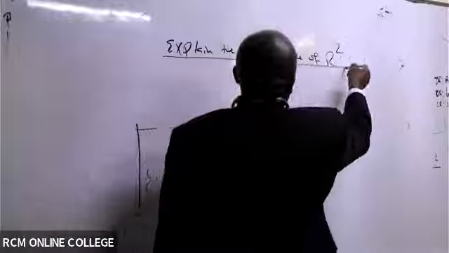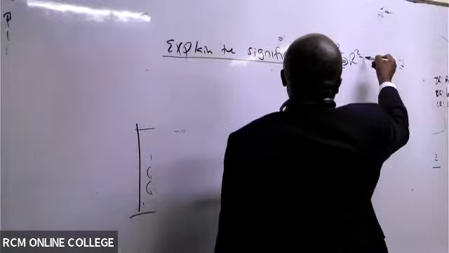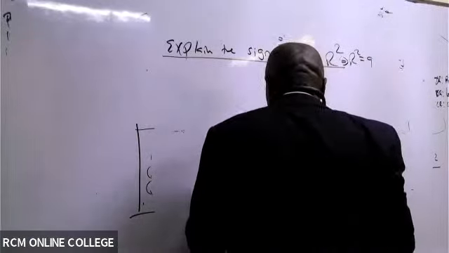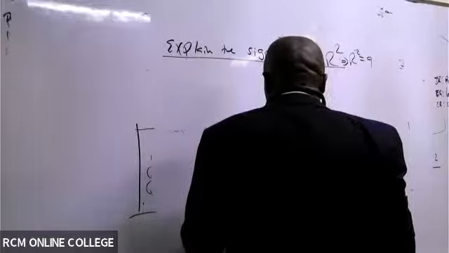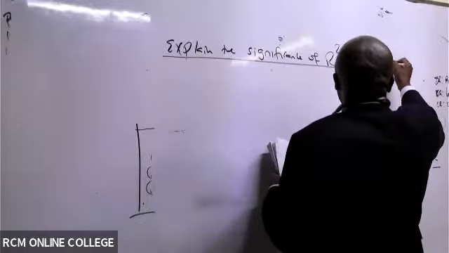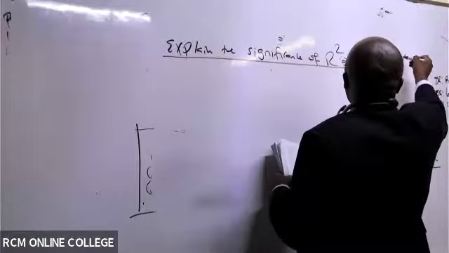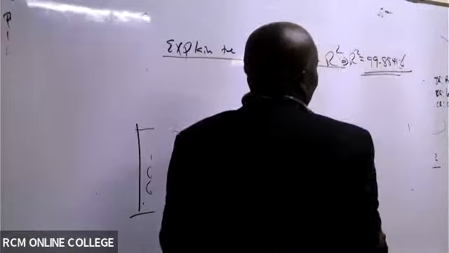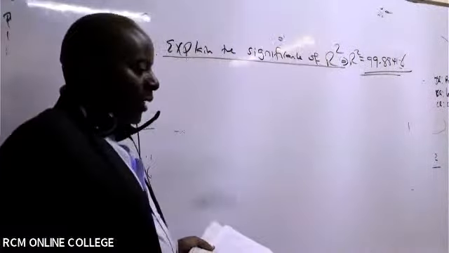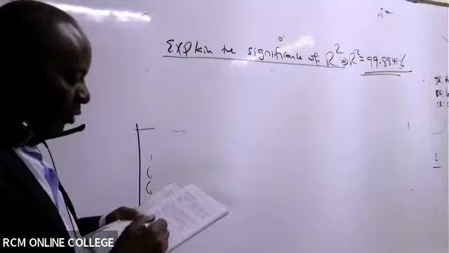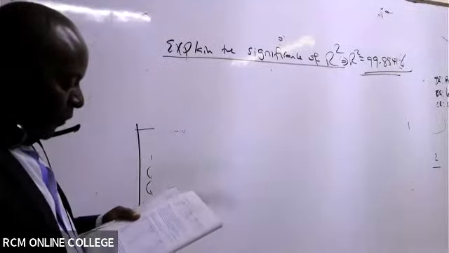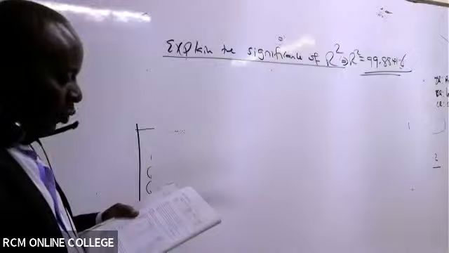And they've given us R squared of 99.8841%. I just want to make it a percentage, times 100.